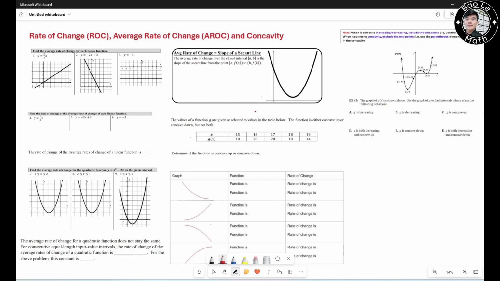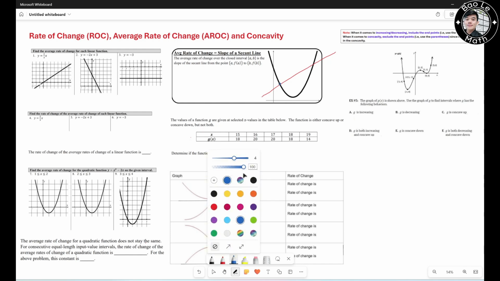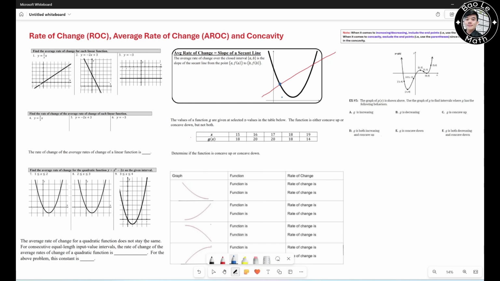So, first we need to draw a secant line. This secant line intersects the graph at 2 points, A and B. So x equals a and x equals b.